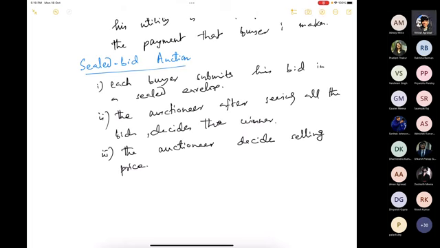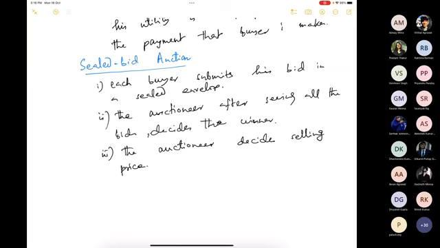So here is the setting. Typically the second step is implemented by opening all the bids, and whoever bids the highest is declared the winner. If there is any tie, there is some tie-breaking rule, maybe lexicographic order of the names, or maybe one of the highest bidders is picked randomly.